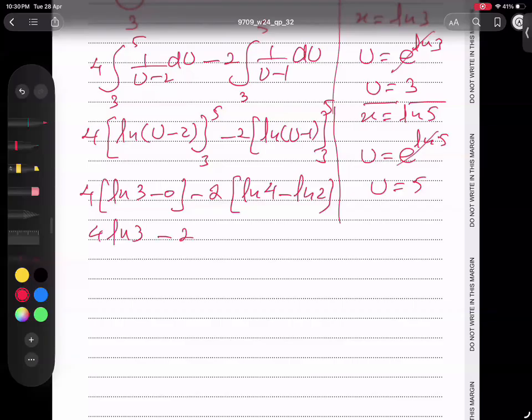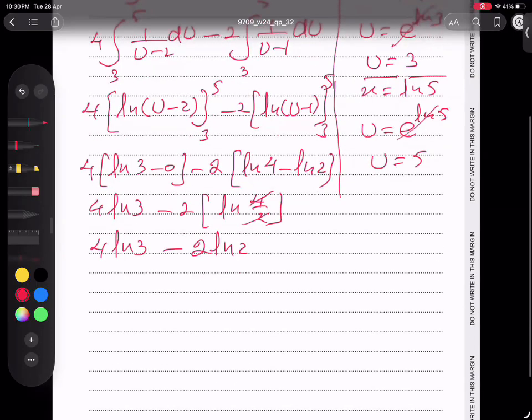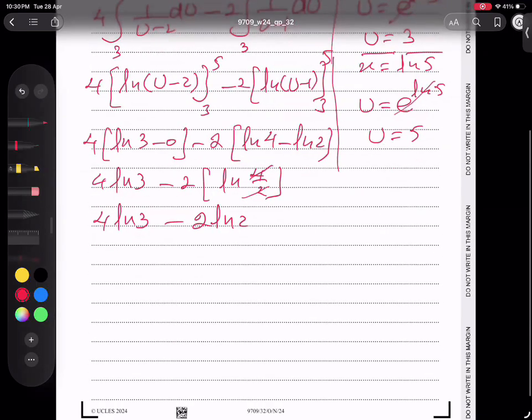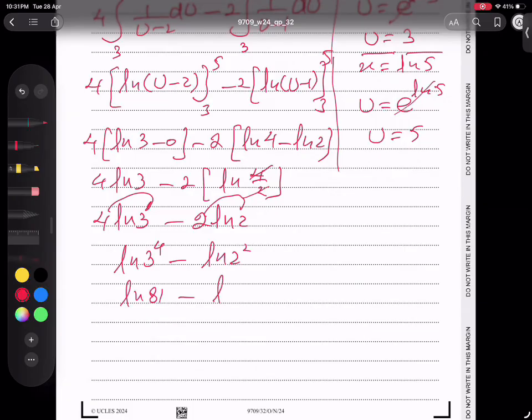And here I can say log of 4 by 2, this cancels, we got 2 ln 2. Now I can bring 4 in the power and 2 in the power. I got 3 to the power 4, and here ln 2 to the power 2. Here I got ln 81, here I got ln 4. And the final answer, we can say, is ln 81 over 4.